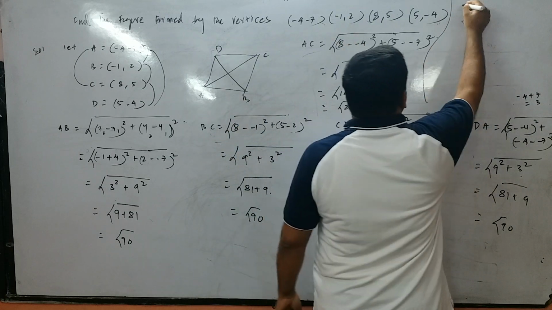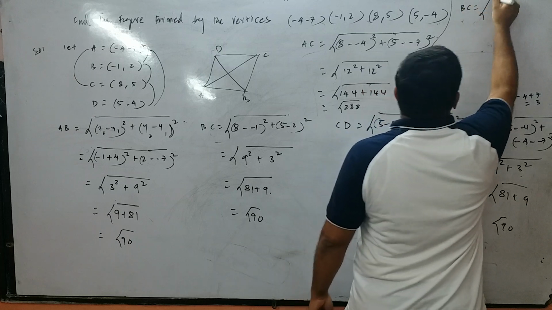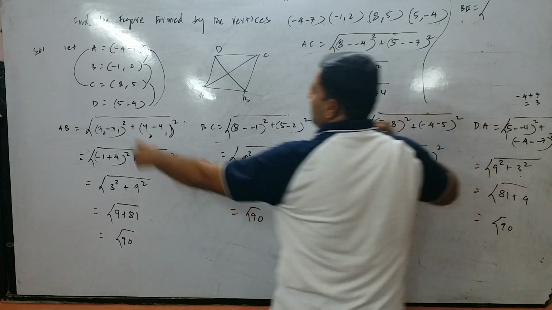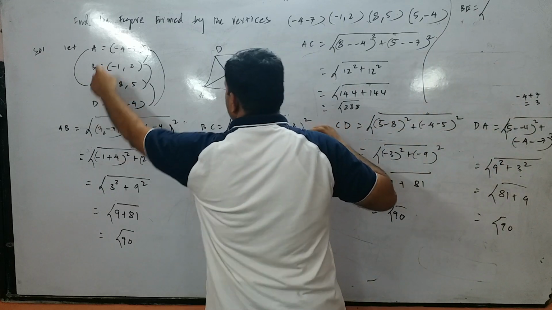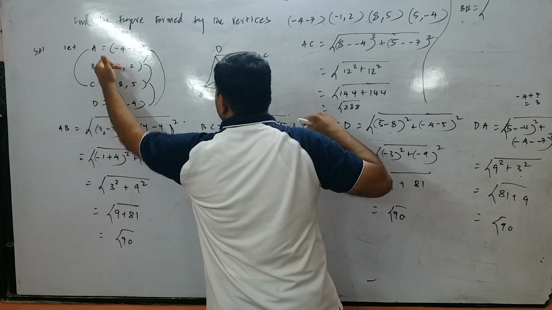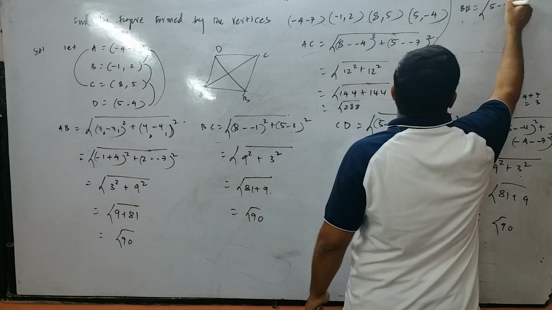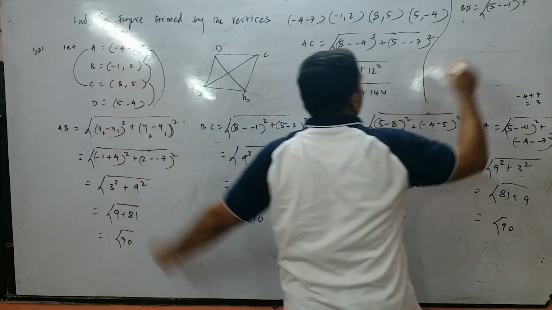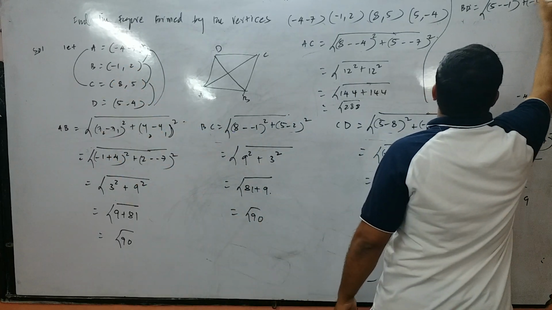Now I am going to find the length of second diagonal. What is second diagonal? BD. BD means I have to take this vertex and this vertex. See here, BD means I have to take B, I have to take D. x2 minus x1, 5 minus 1 whole square, plus y2 minus y1, minus 4 minus 2 whole square.